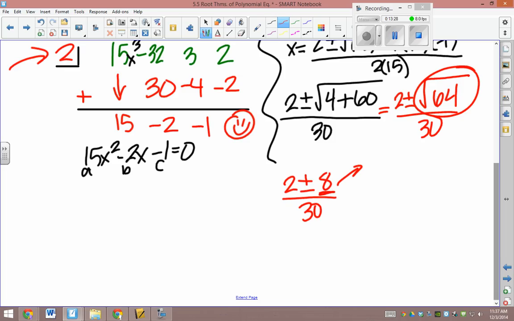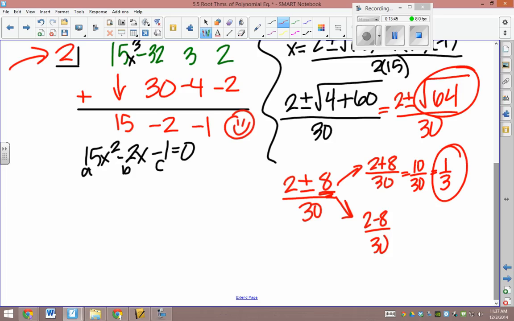And because this is a real whole number there, it's not imaginary, it does not have a radical with it, we can continue on. 2 plus 8 over 30 and 2 minus 8 over 30. This is 10 over 30, which is 1/3. So that's another one of our solutions. And then 2 minus 8, that's -6 over 30. And that's -1/5.